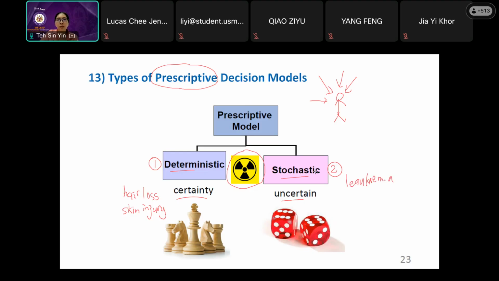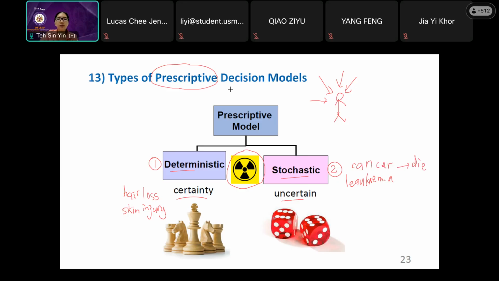Or maybe for a normal person under high radiation, it could cause cancer, or under very, very high radiation, it could even cause death. So this is the uncertainty, the stochastic effect.